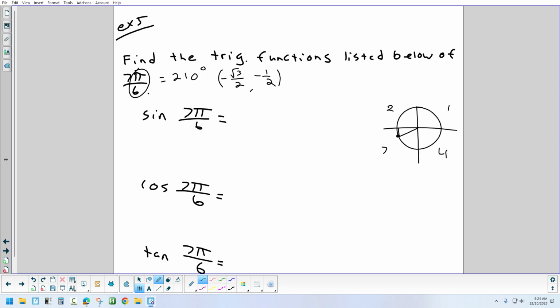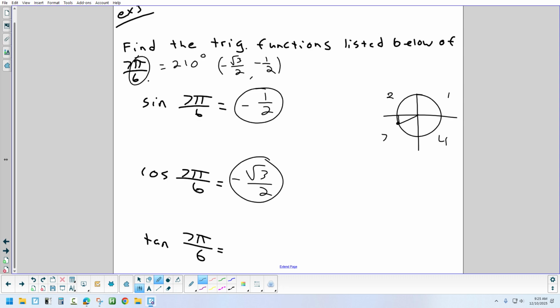Now we can do our trig functions. Greg, what's the sine going to be? The sine is going to be negative 1/2. Yep. My cosine, Ethan, what's that going to be? Negative root 3 over 2. And what am I going to get for my tangent?